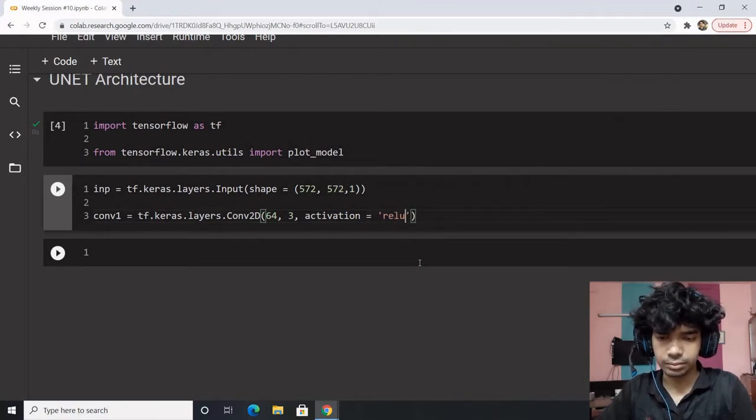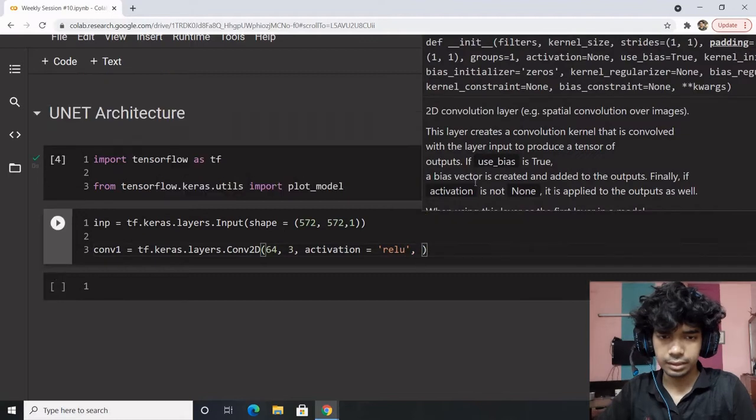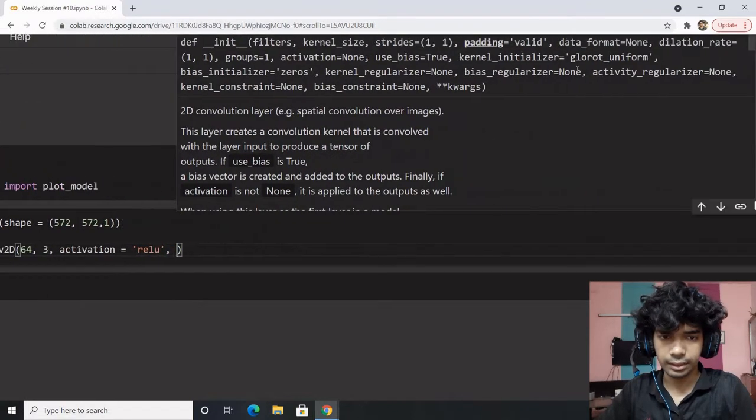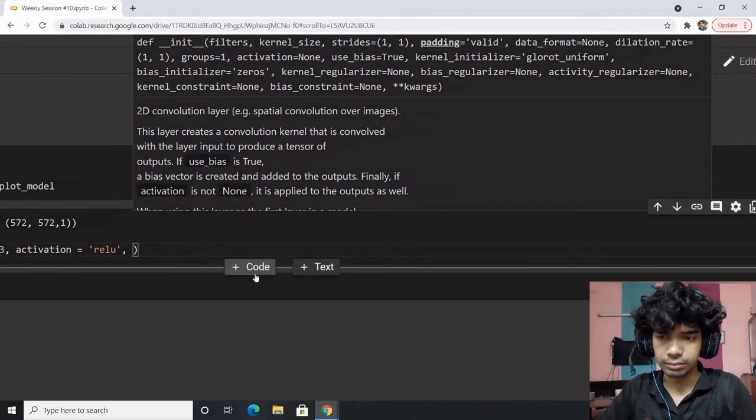Unpadded, that means the default padding, and I think this is perfect.